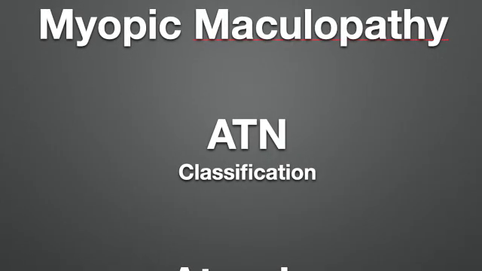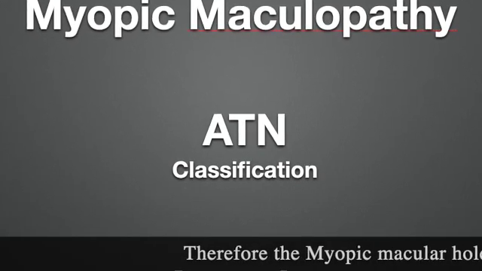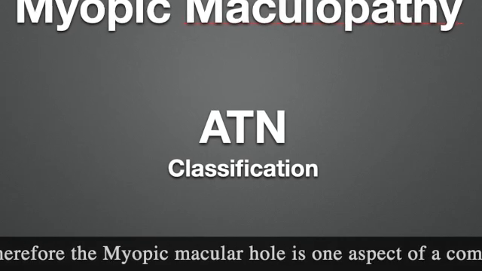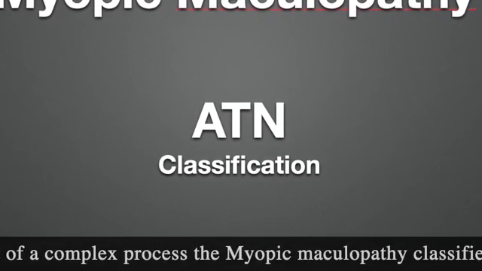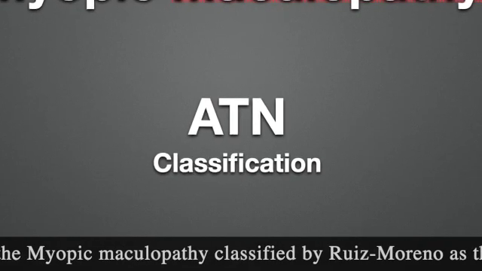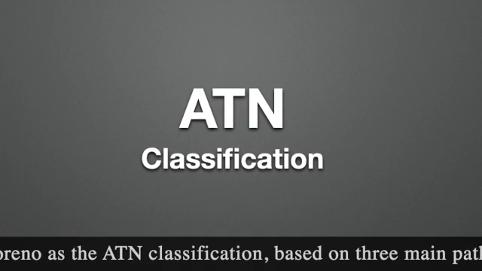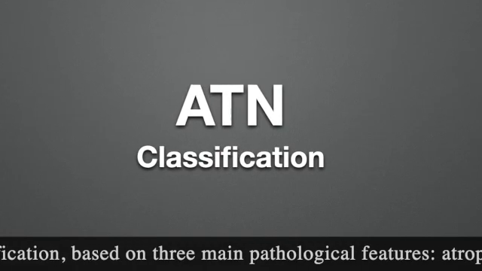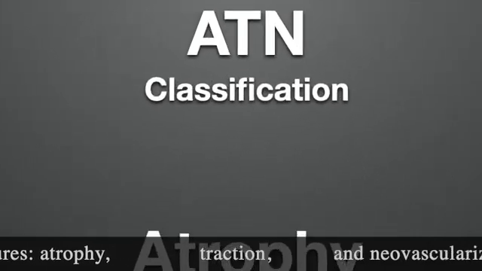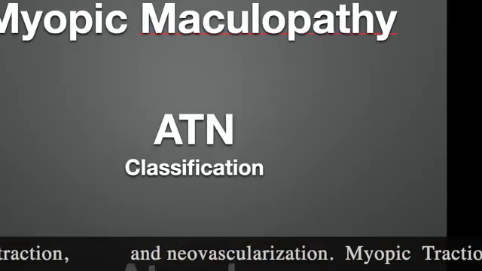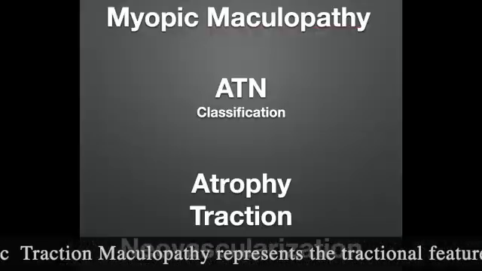Therefore, the myopic macular hole is one aspect of a complex process, the myopic maculopathy, that has been classified by Ruiz-Moreno as the ATN classification. It is based on three main pathological features: atrophy, traction, and neovascularization.